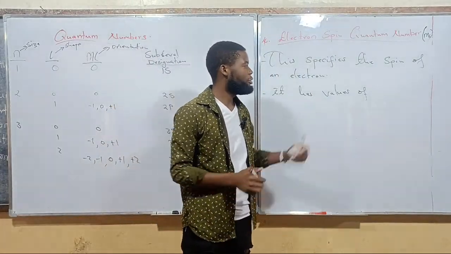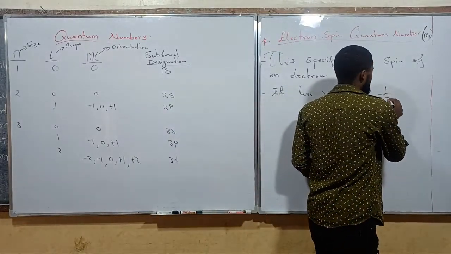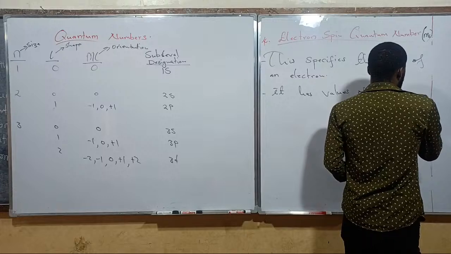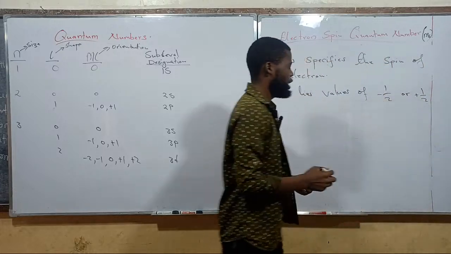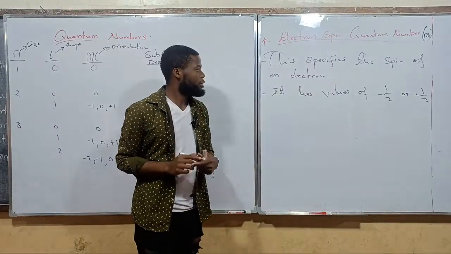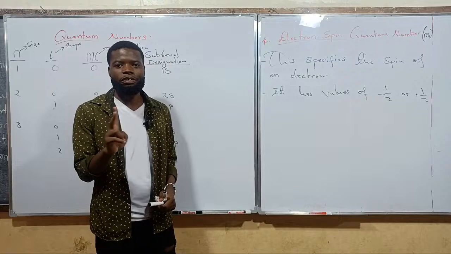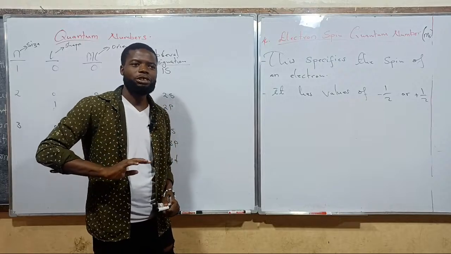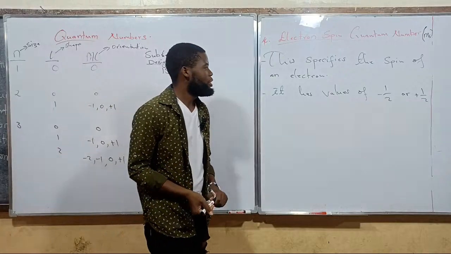So it has values of negative half or positive half. Now, remember that electrons can spin in any of these possible directions. Electrons can either spin clockwise or counterclockwise.